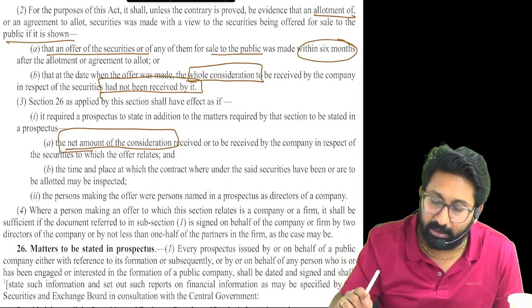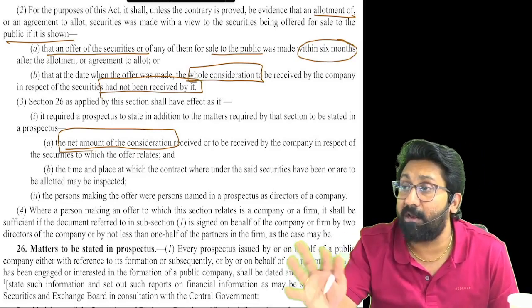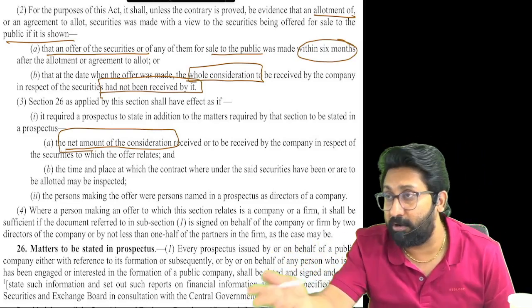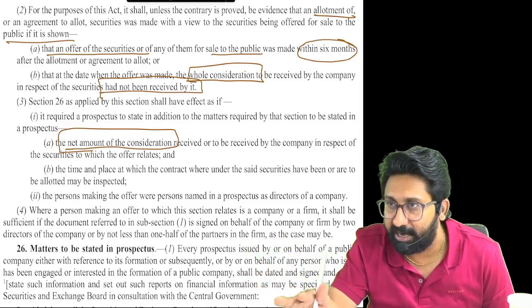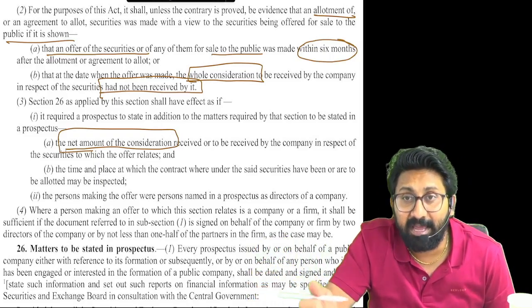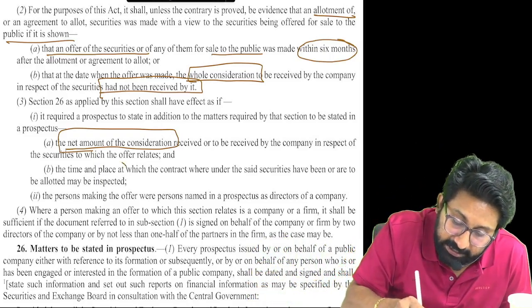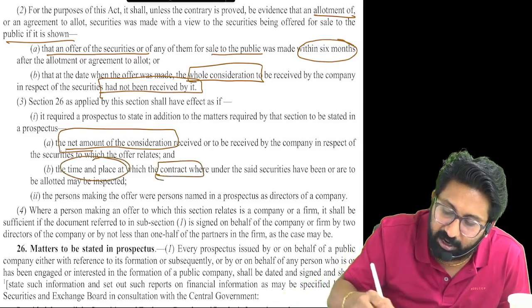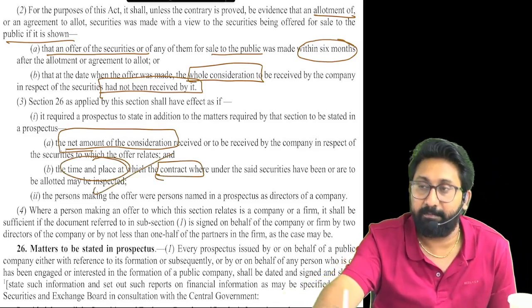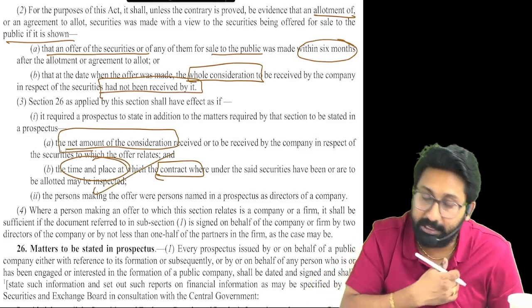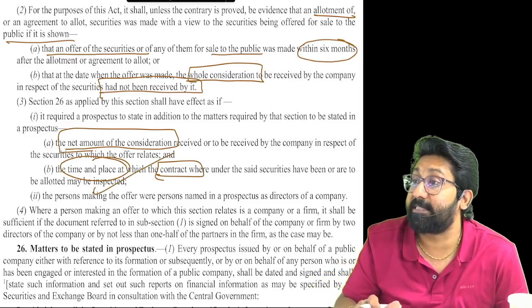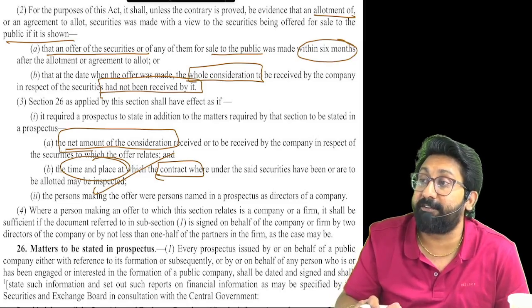Understood? Next, all this payment of commission and issue of shares is a contract. It's an agreement. Tell the time and place where the contract or agreement can be inspected. In case the issue house is a firm, who will be liable?